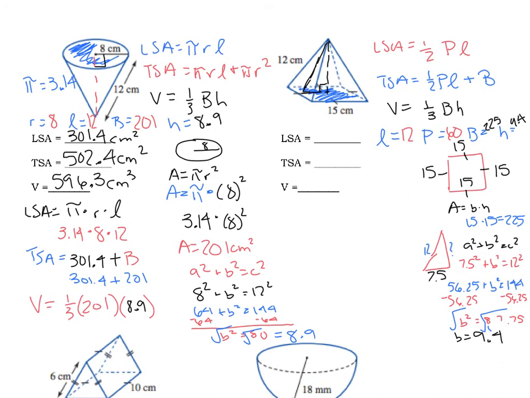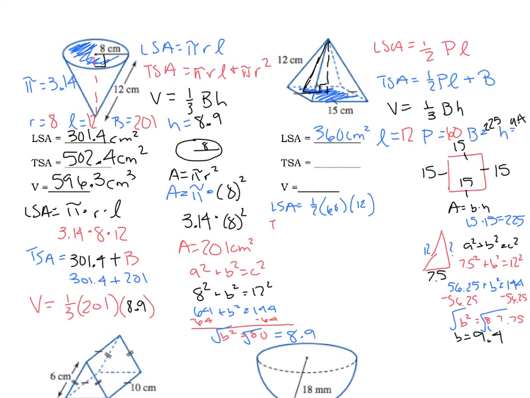Now that we know all of those components, we can actually solve these problems. So the lateral surface area is 1/2 of P, which was 60, times slant height, which is 12. So half times 60 times 12 results in 360 centimeters squared.